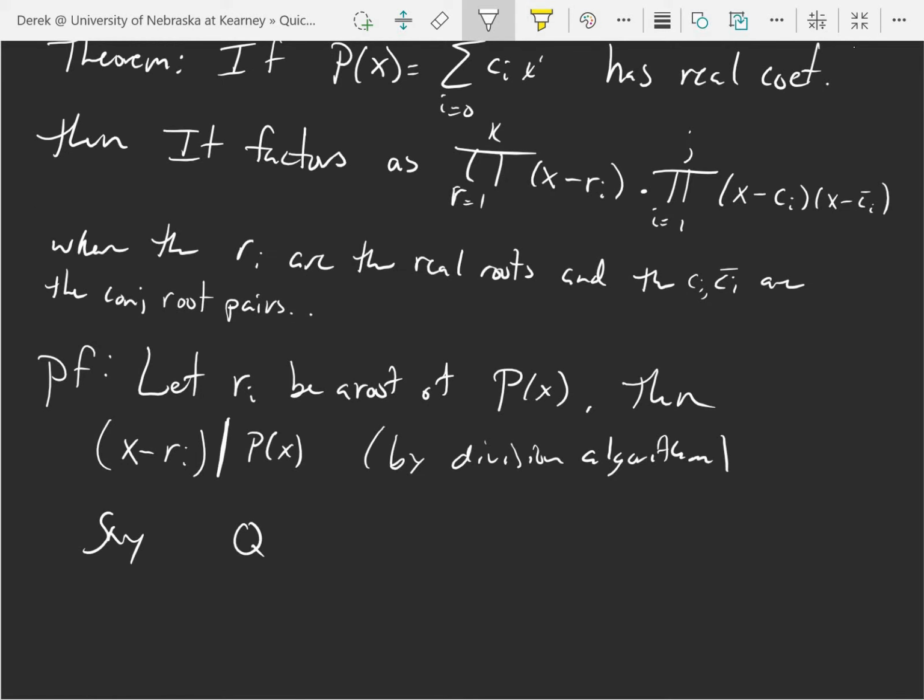Say q of x equals p of x divided by x minus r_i.